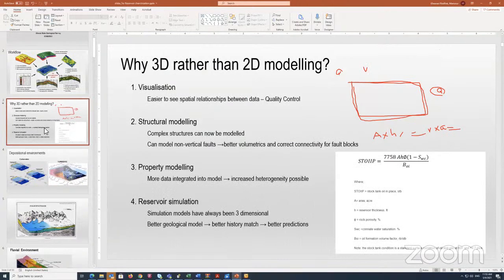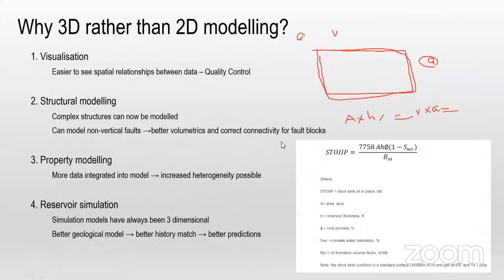When you do the 2D, you can calculate the volume of the reservoir only roughly.